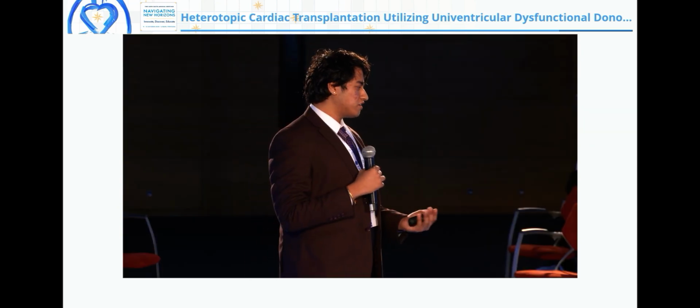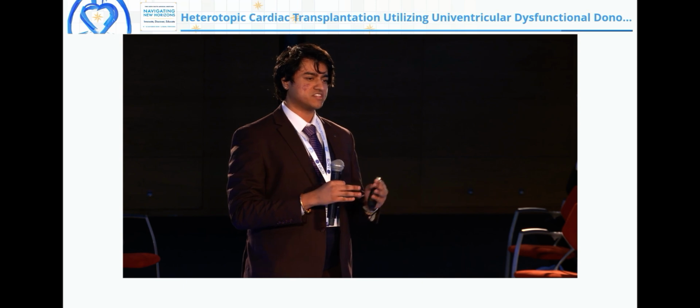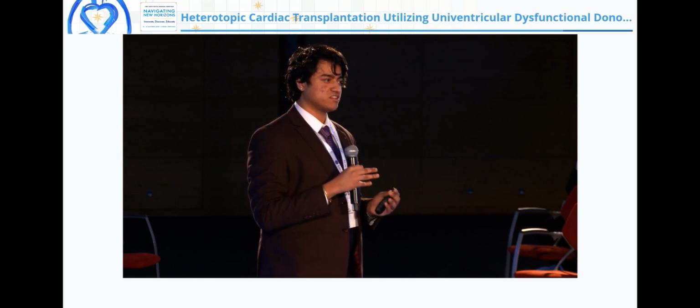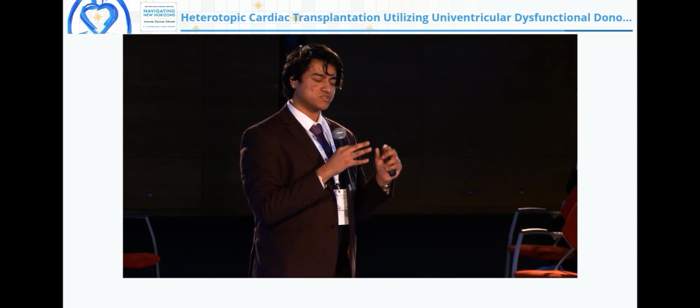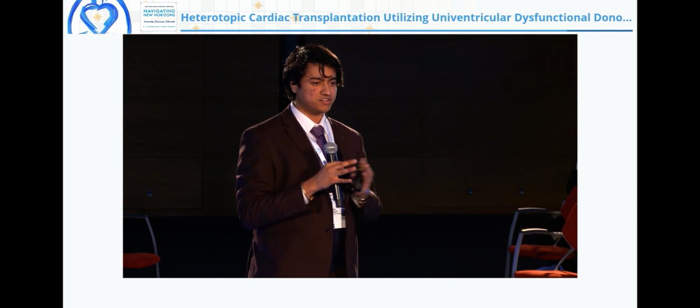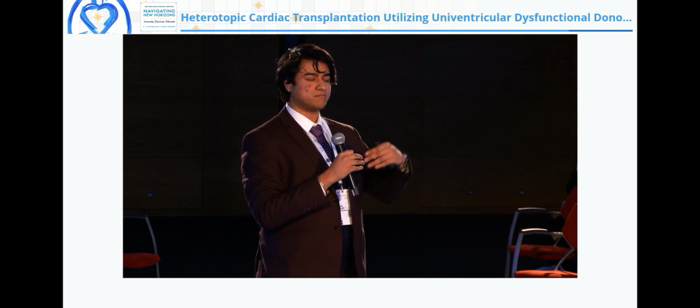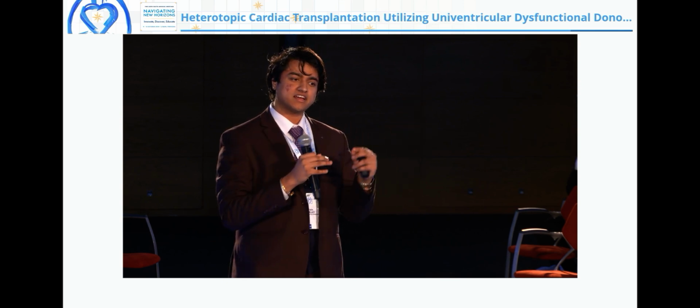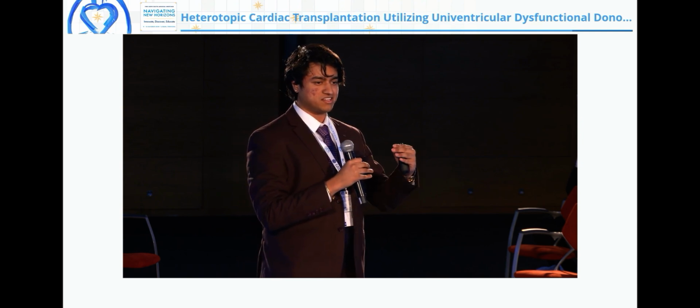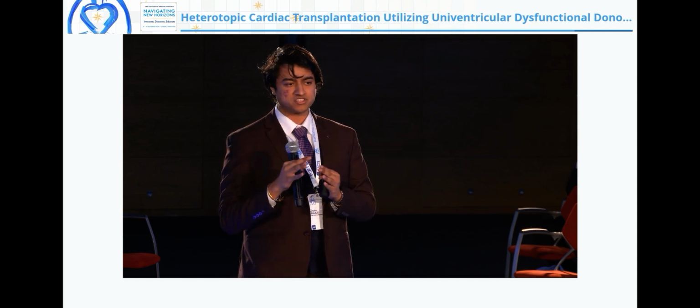So we've read quite a few papers from the literature of the standard heterotopic transplant method, where the actual size of the donor heart makes a large difference, and there's proposed algorithms for how you should select the donor hearts based on the feasibility of the thoracic space, the patient's body surface area.